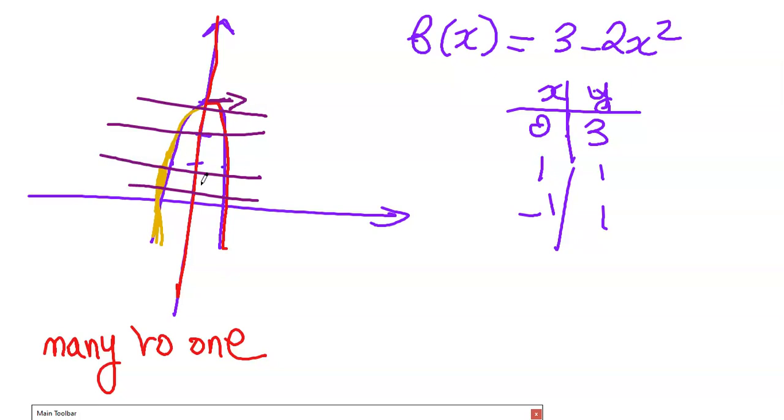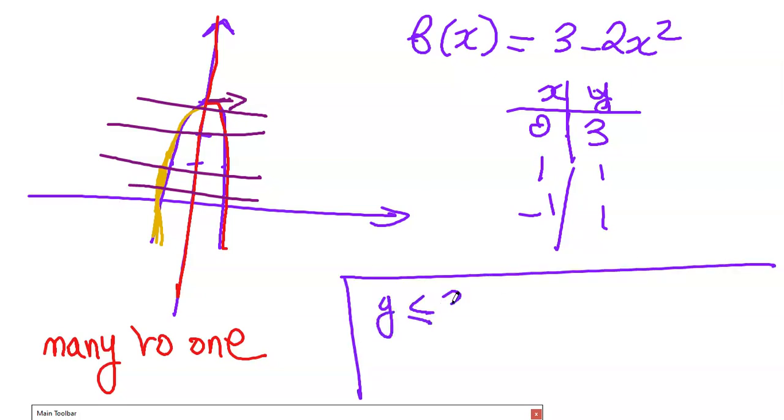And is it a many-to-one or one-to-one function? It's many-to-one because using the horizontal line test, I can say that it's many-to-one. You're going to ask me here, is it an onto function? I cannot say it like this. I need to determine for y where. If the question was, is it an onto function for y less than or equal to 3?